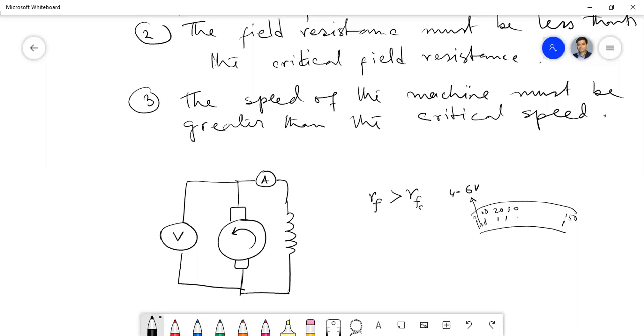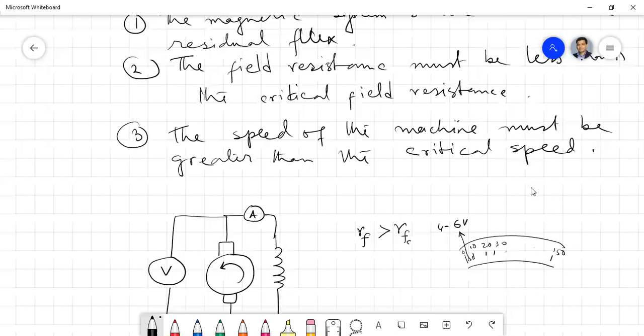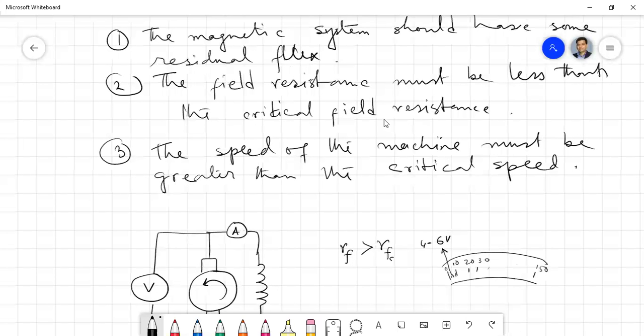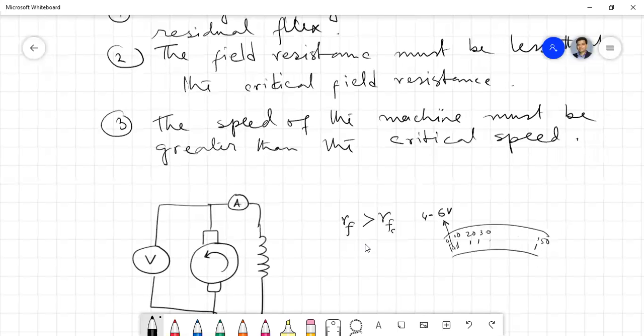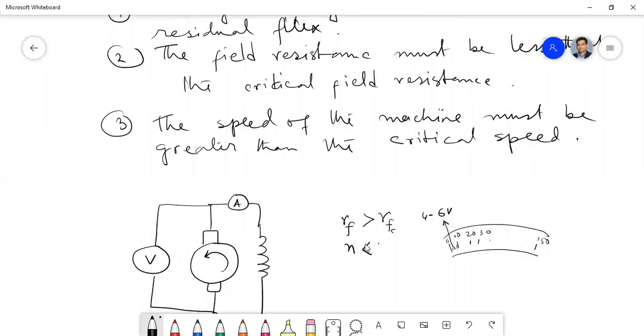So 4 to 6 volts we get. That is due to the residual voltage. If the field resistance is more than critical field resistance, or the speed is less than critical speed, the voltage will be stuck at this 4 to 6 volts only. It will not build up.